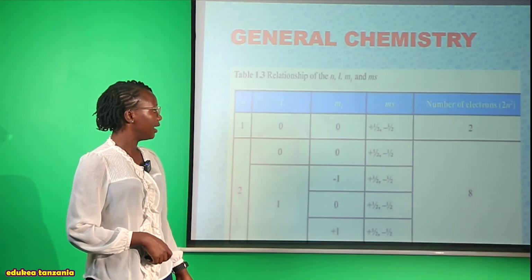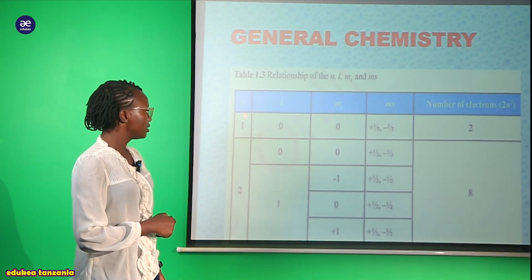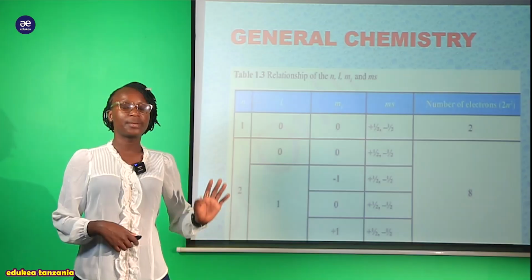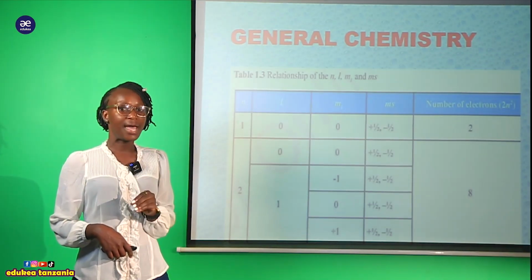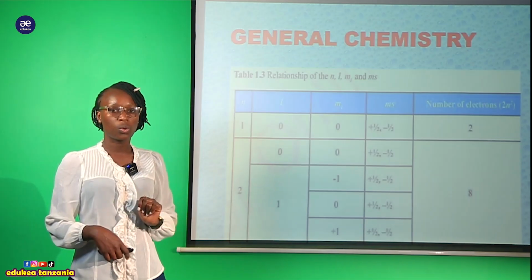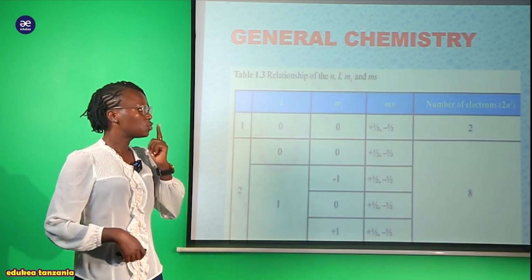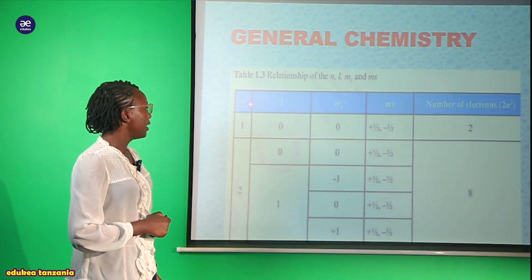So now you can see here, the n is equal to 1. Hapa tunazungumzia the principal quantum number. Sasa hapa tunataka tuone relationship, uhusiano uliopo kati ya all four quantum numbers. Sasa tuanze na n. N ambayo ikiwa ni 1.